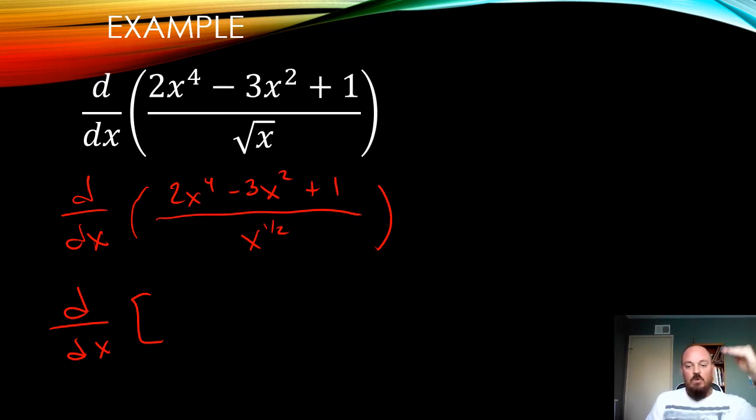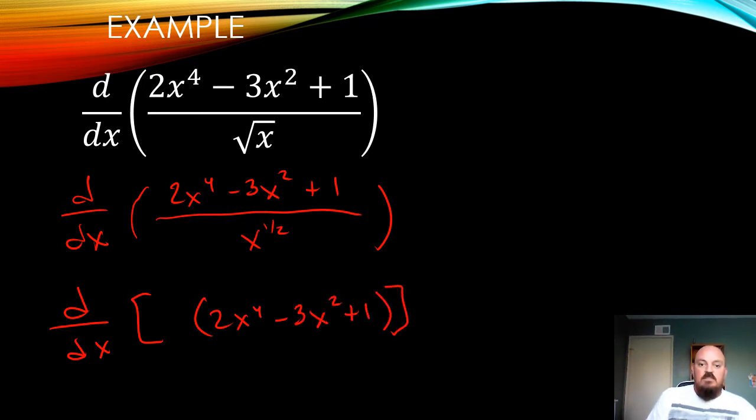They bump you from one side of a fraction to the other. So instead of dividing by x to the 1/2, I'm going to think of it as multiplying by x to the negative 1/2.